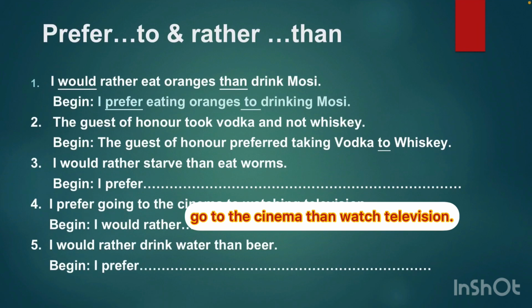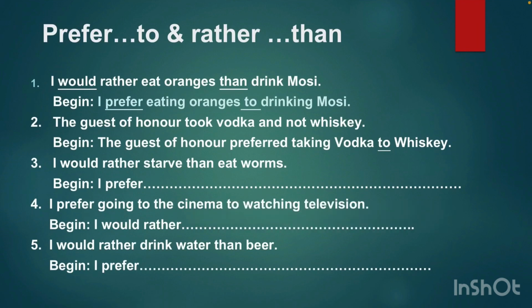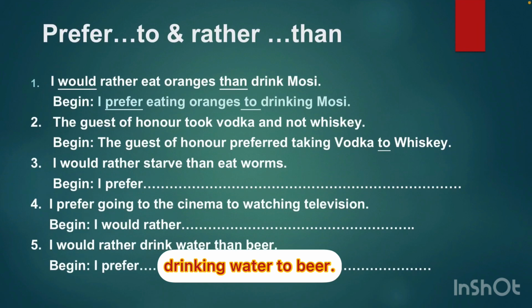I would rather drink water than beer. I prefer drinking water to beer, because it's the same verb. It will be a repetition when we say I prefer drinking water to drinking beer. It's the same thing. So I prefer drinking water to beer.